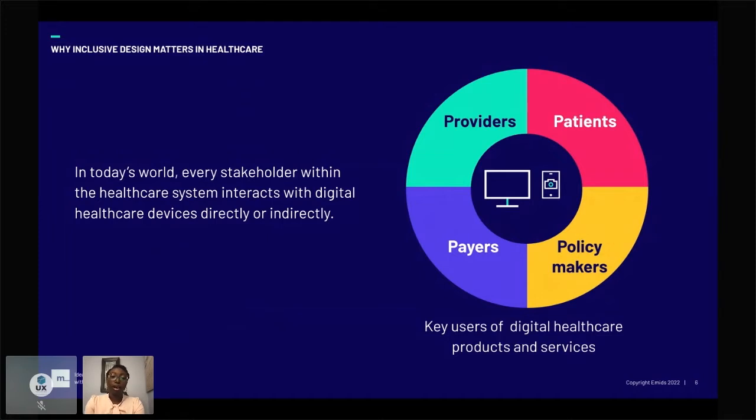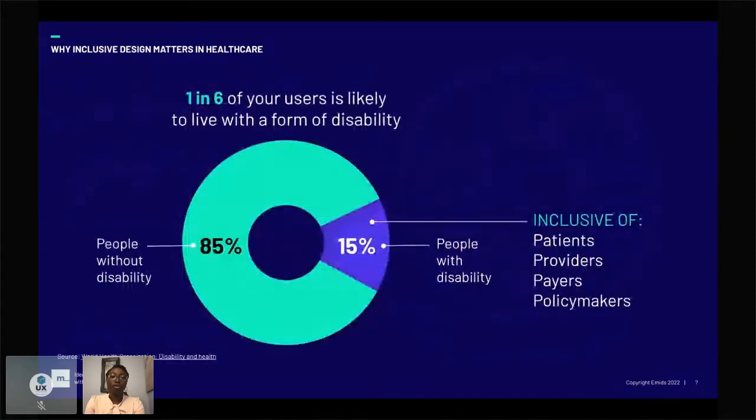And I would like to further reiterate this point by giving us this data from the World Bank and World Health Organization. 15% of the global population lives with disability, and that gives us 1 in 6 of our users living with a form of disability.